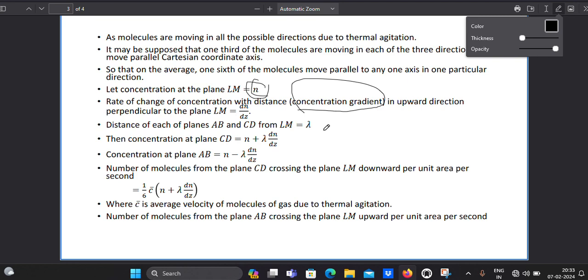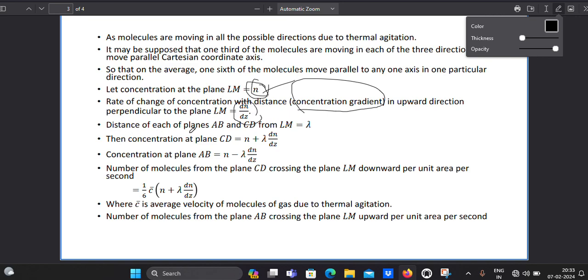That means if the concentration changes with respect to distance, we call it the concentration gradient. The concentration gradient in the upward direction, perpendicular to the plane LM, is dn by dz. It is the rate of change of concentration.